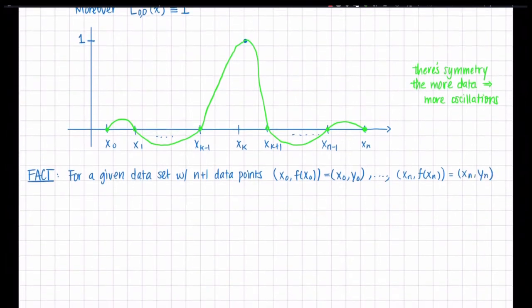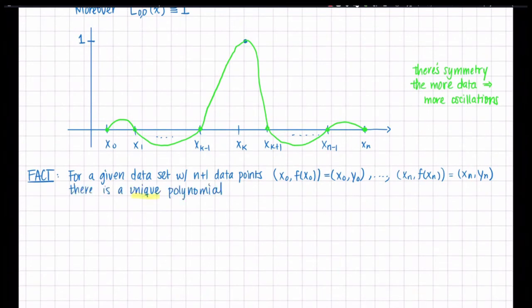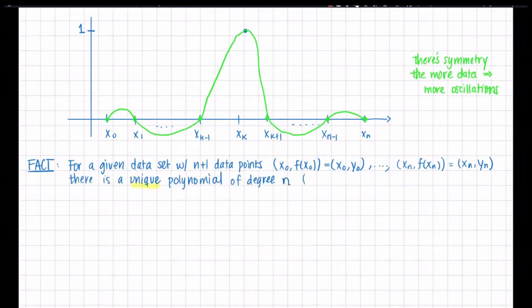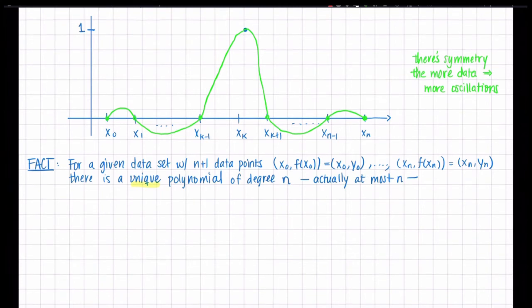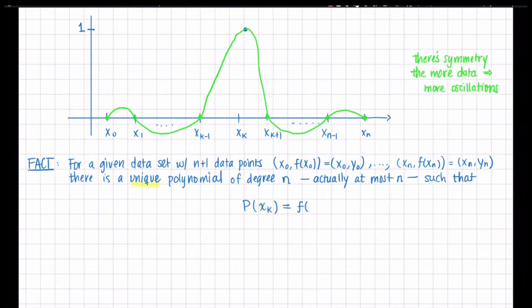There's a unique polynomial of degree at most n, such that that polynomial evaluated at the node values xk produces the output data values f of xk. And this is what we mean when we say P interpolates the data.